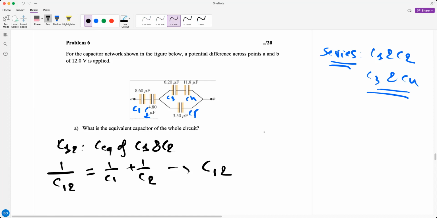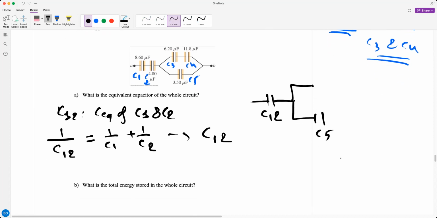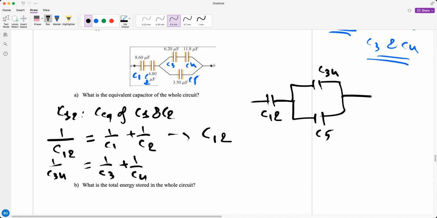Now the circuit becomes C12 and C5. Again for C3 and C4, 1 over C34 is equal to 1 over C3 plus 1 over C4. So this is C34.